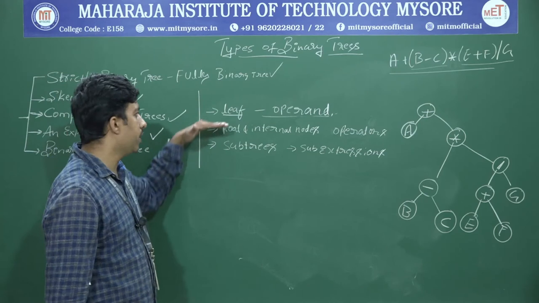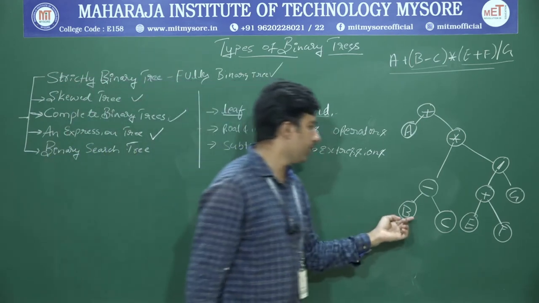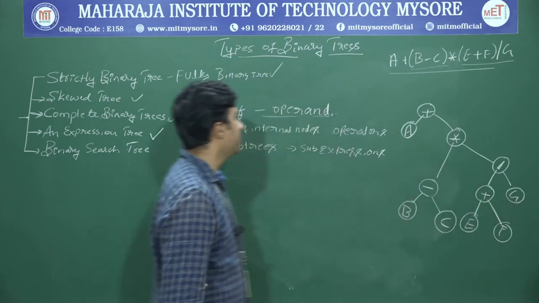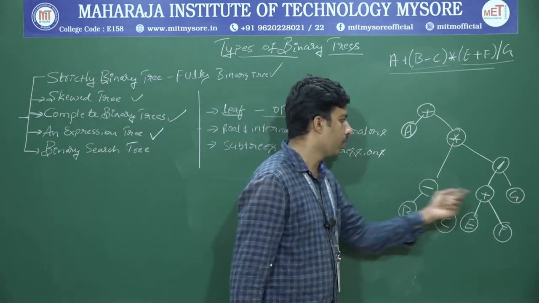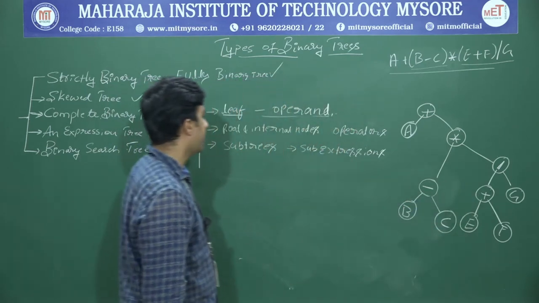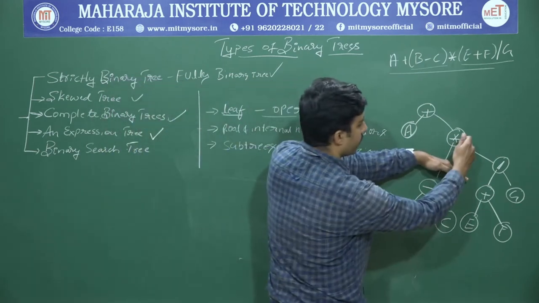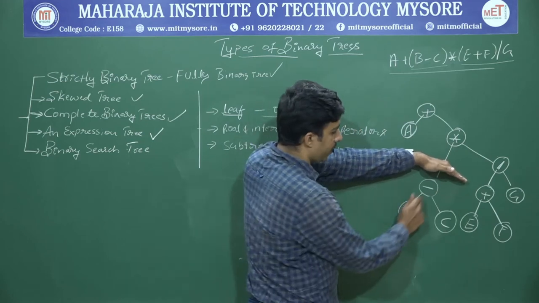In the expression tree, a leaf is an operand. B, C, E, F, G, these are the operands. Root or intermediate nodes are operators, and a subtree is a sub expression. For plus, it has a left subtree b minus c.